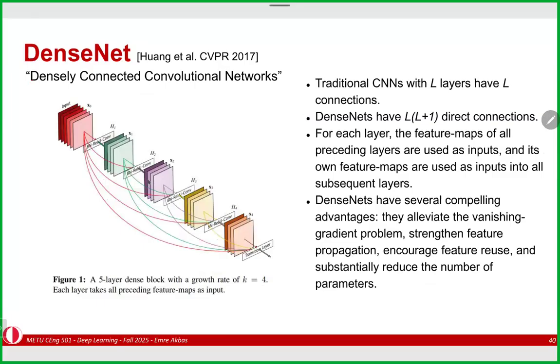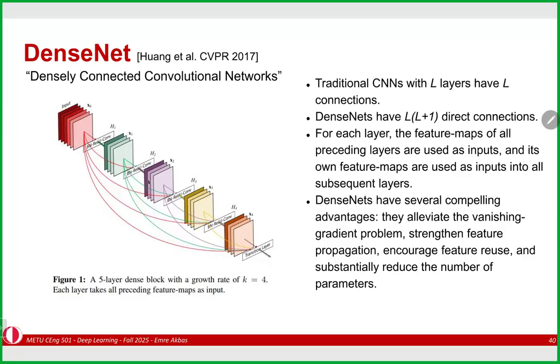There is also DenseNet, which creates all the connections, okay? So this input layer is not only connected to the next layer, but also the layer after, and the other layers, and even up to the layer before the output. This is called DenseNet.